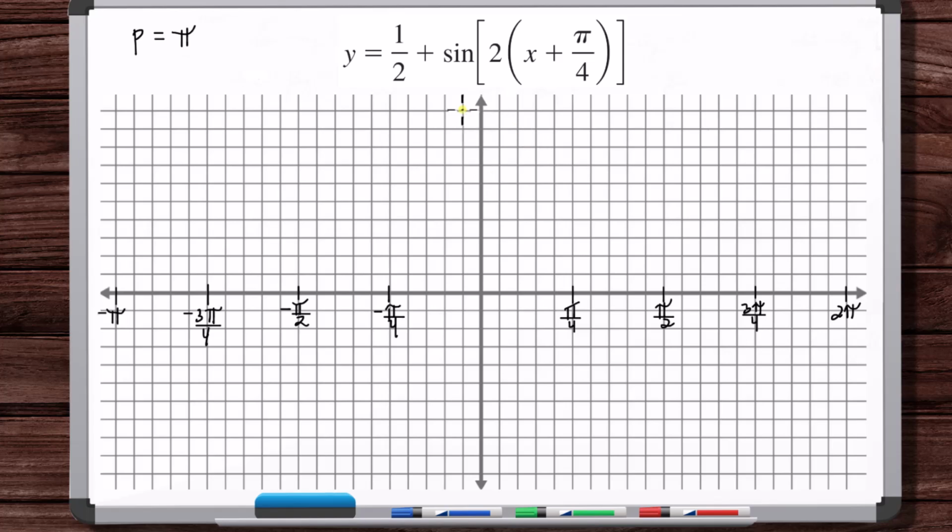Okay, now the amplitude is going to stay at 1, and then we shift up 1/2, so we can do this. Okay, so now each tick mark is 0.2. So let's draw the new average y value. That's going to be 1/2. So 0.2, 0.4, 0.6. So here.